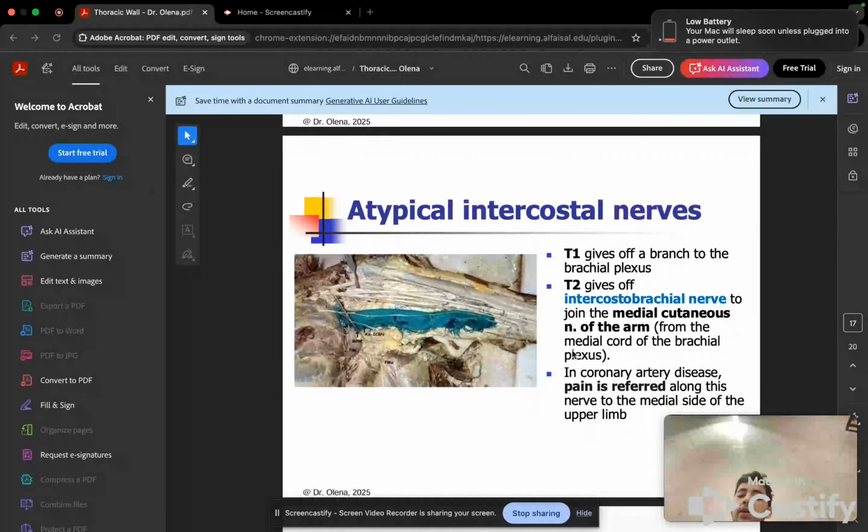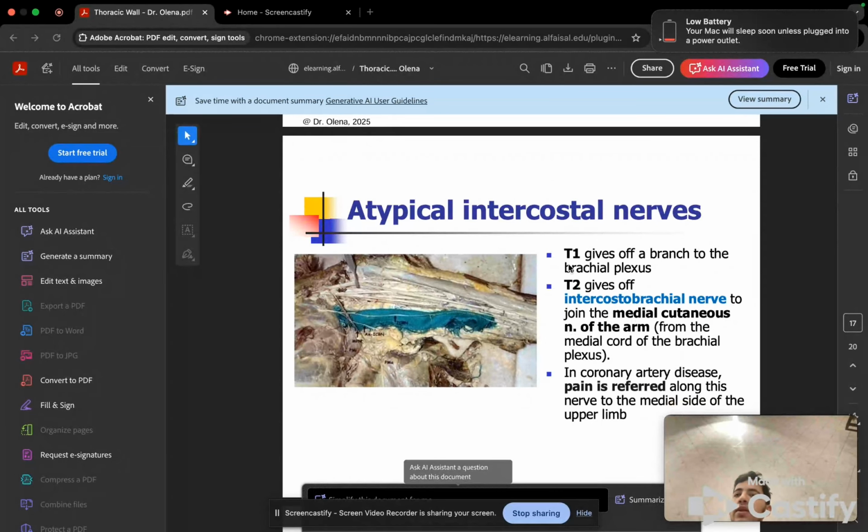Now we have atypical intercostal nerves. Now you know T1 is part of the brachial plexus, between the cervical and the thoracic vertebra, or the thoracic spinal cord. So it gives off the brachial plexus, and then you have T2, which gives off the intercostal and intercostobrachial nerve.